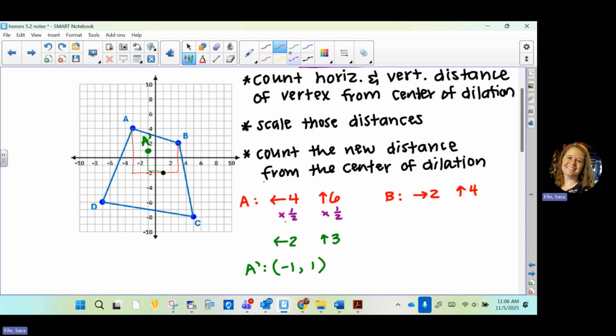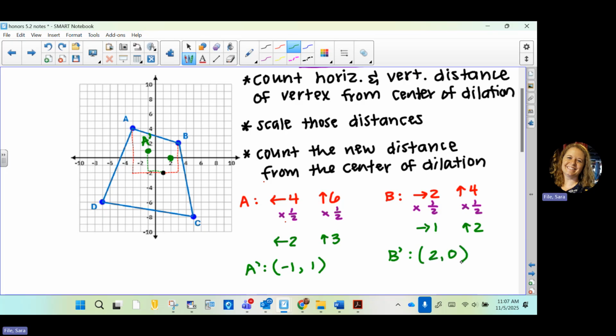I'm going to have to scale that. So what is it going to be when I multiply by half? 1 and 2. So it's going to be right 1, up 2. So that puts B prime from the center of dilation, right 1, up 2, puts me here at 2, 0.